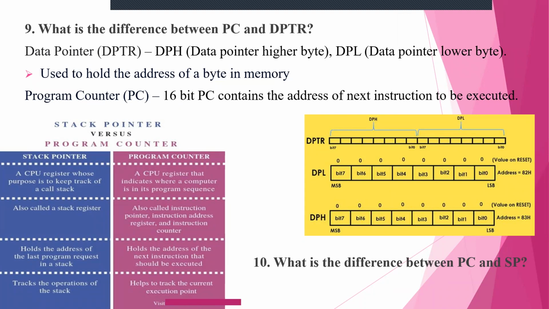Based on that, first in, first out, last in, first out, all those will be there. So the stack pointer you can call the stack register, and the program counter you can call the instruction address register or instruction counter. So this will be completely tracking the operation of push and pop in the stack, and this will be completely tracking the execution addresses, whether it is done in sequence, right?